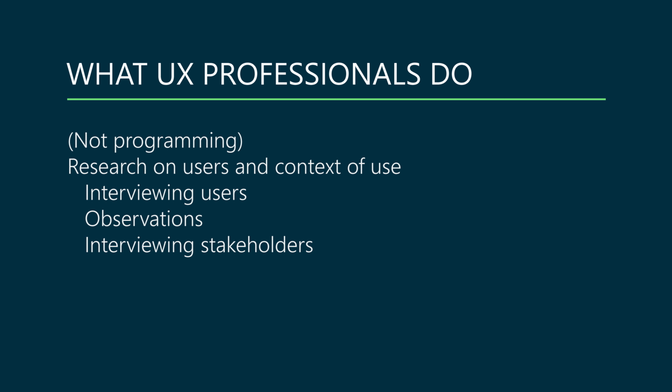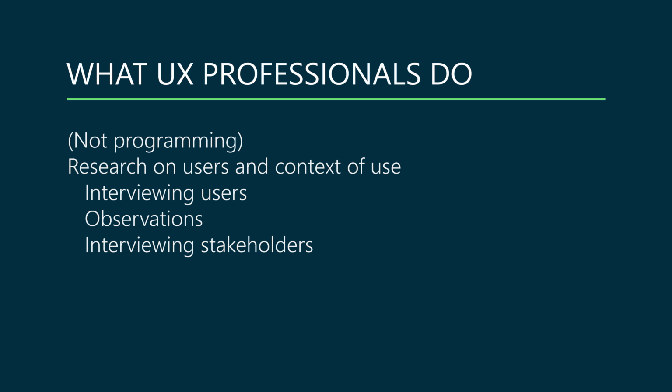First of all, it includes being able to do some amount of user research. We talked about the principle of knowing your target audience and knowing the context of use. Well, how do you find that out? You need to be able to get information on your users and the context. That might include doing interviews of users. It might include doing observations of users.